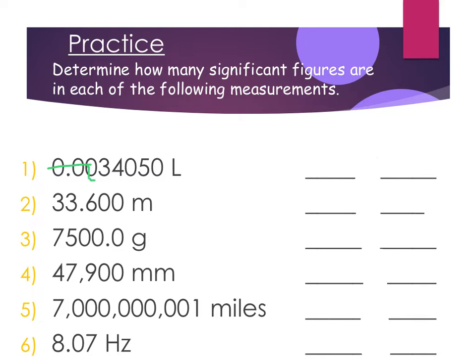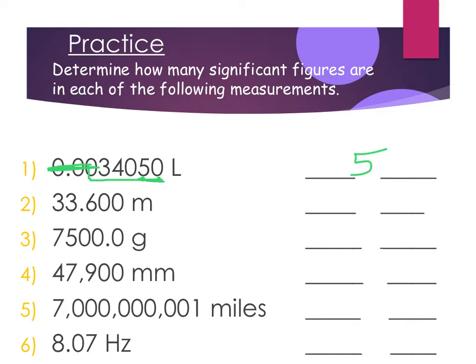So I'm going to start counting at the 3 and count 1, 2, 3, 4, 5 significant figures. The zeros that I went through in the beginning are simply placeholders to put the 3 where it belongs. The 0 at the end here must have been measured. We must have had a tool capable enough to measure to this 5 on the dot. So that's 5 significant figures.